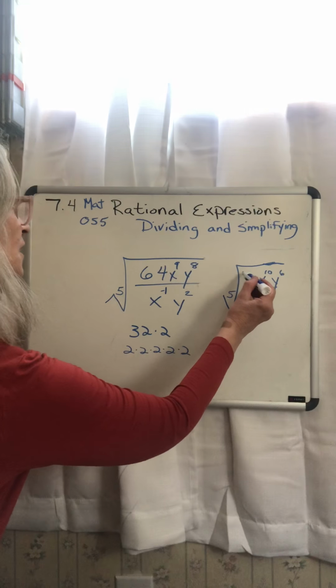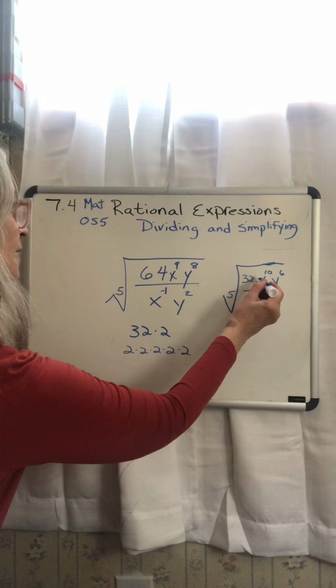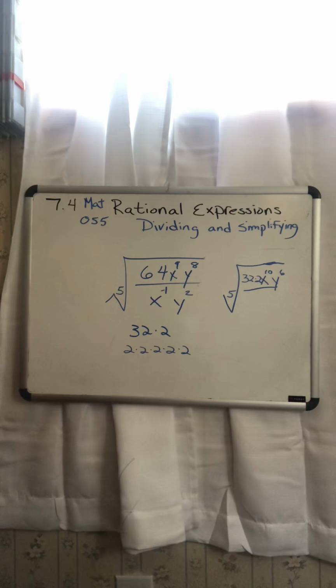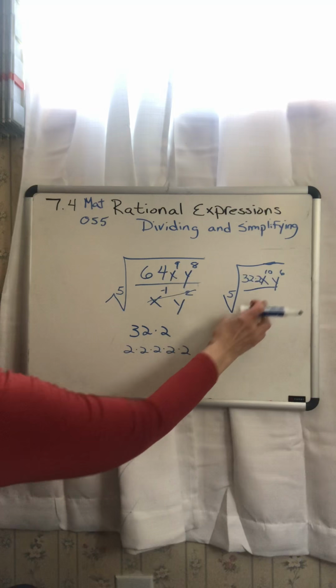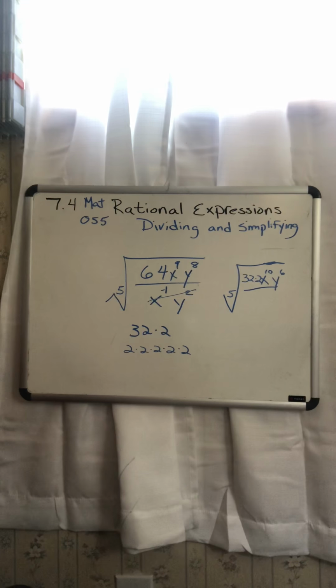And so we'll put 32 times 2 in there. And we've gotten rid of the denominator, so we don't need the denominator part.